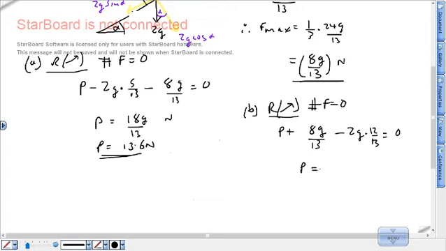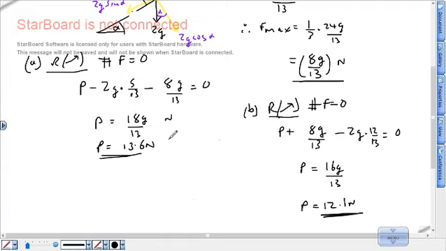P is equal to 16g over 13. Working that out, 16 times 9.8 divided by 13, and I end up with 12.1. So P equals 12.1 newtons.